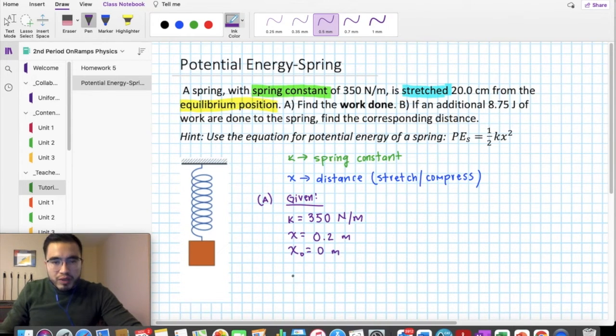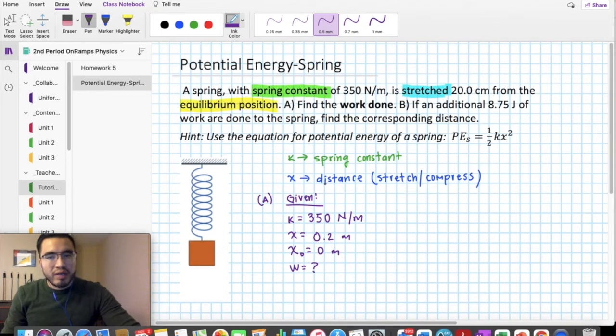We need to find the work done. And we learned two definitions for work, one with force and one with energy. In this case, we want to use the energy, and the reason why is the hint says use potential energy. So we said that based on the Work-Energy Theorem, work done or net work is the change in kinetic energy.